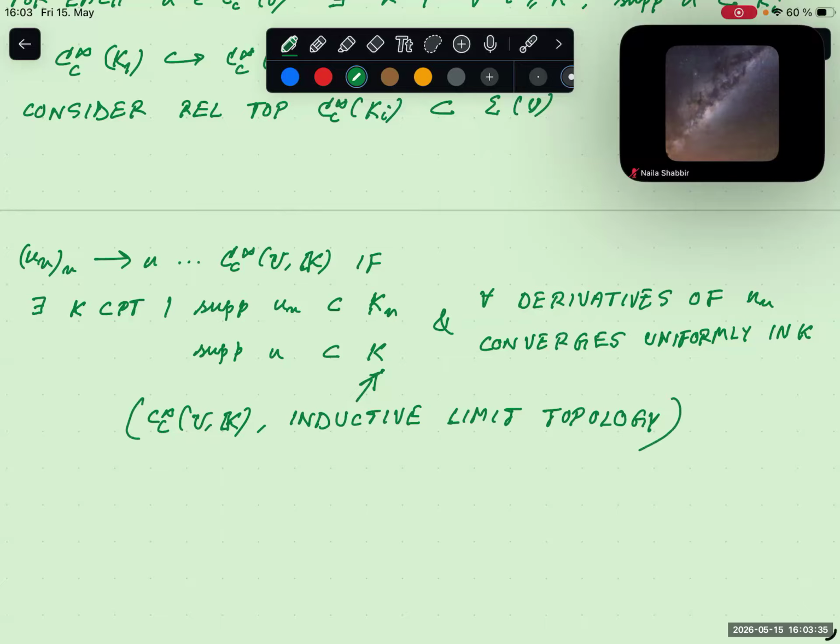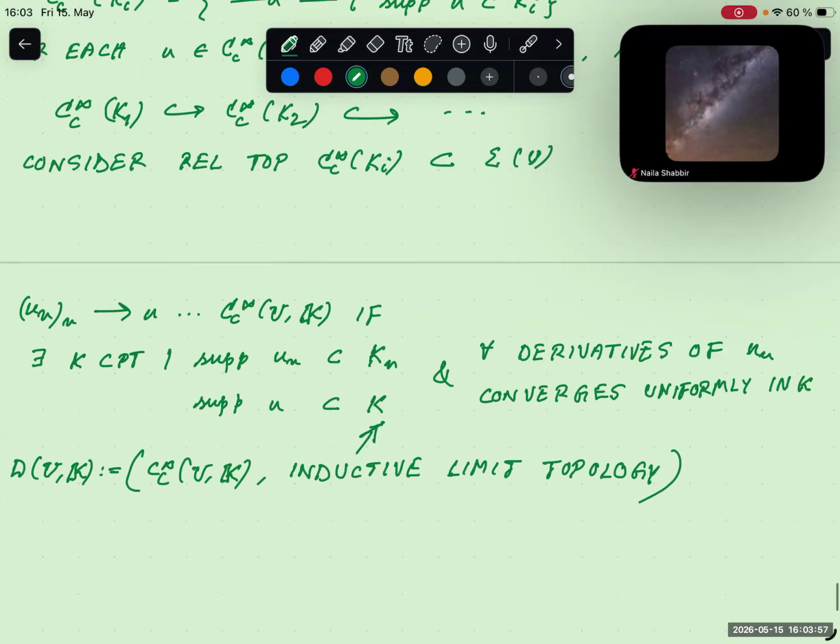And following Laurent Schwartz, we use this notation T. Okay. So is it now clear how we can topologize these two spaces? And this is more general than Hilbert space, but at least concretely you know how to check, right?